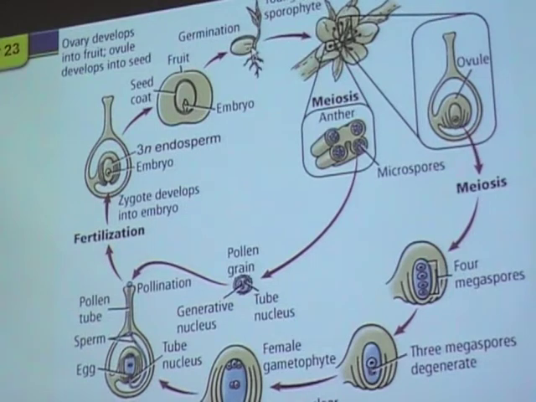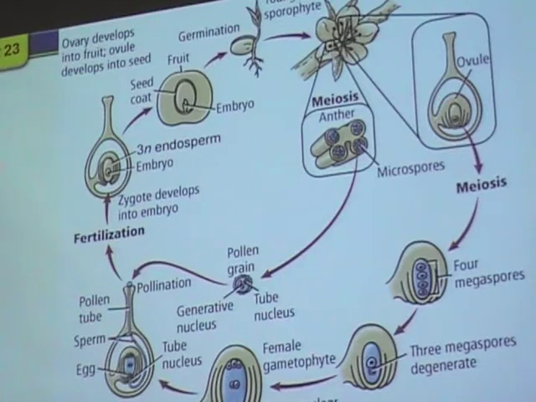An oak tree is a flowering plant. Those bushes you see out there are flowering plants. Grasses are flowering plants. The adult flowering plant has a flower on it, and the flower has the male parts, the stamens, and the female parts, the pistils.